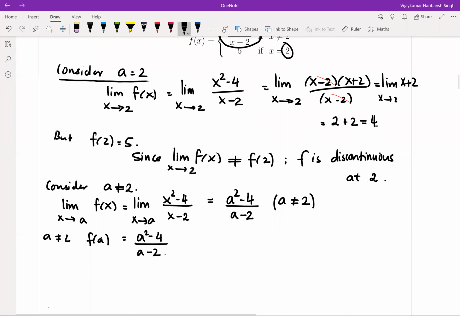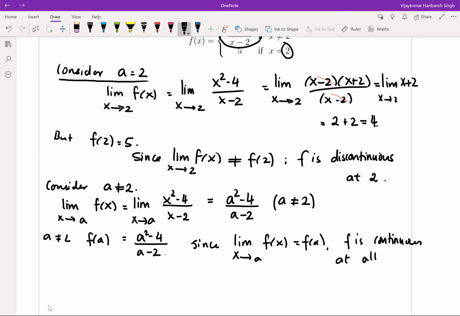So what do we get? Since the limit as x goes to a of f of x is equal to f of a, f is continuous at all a not 2.